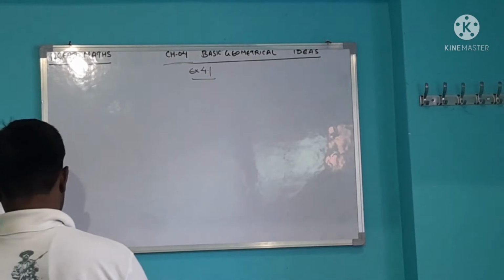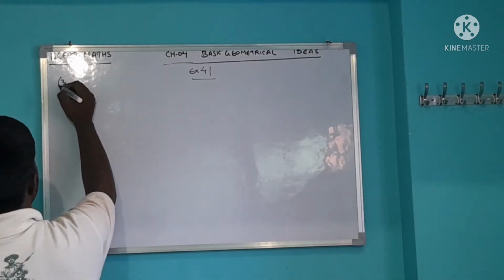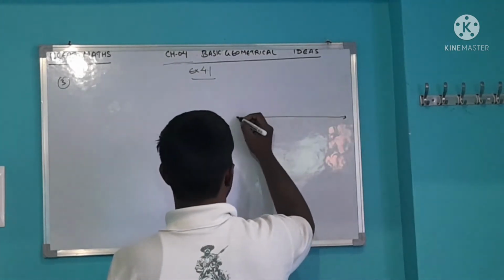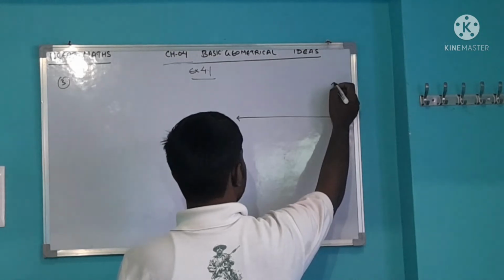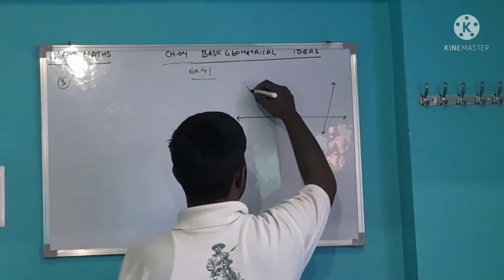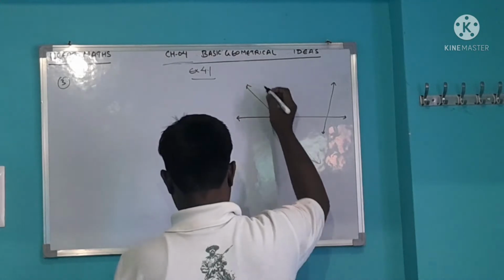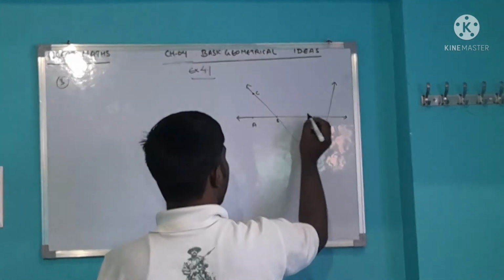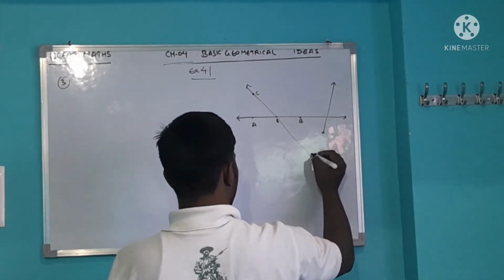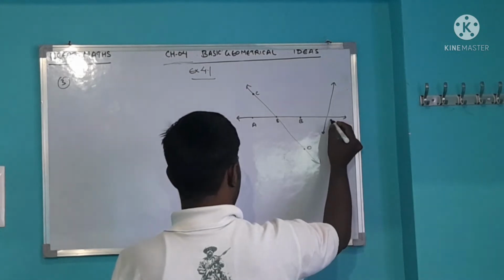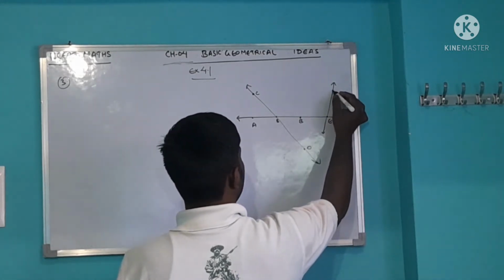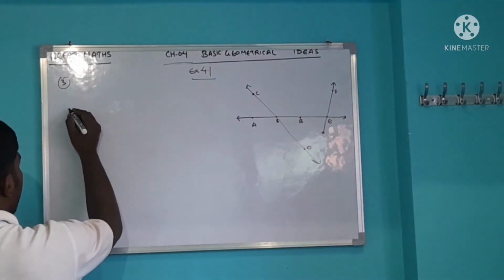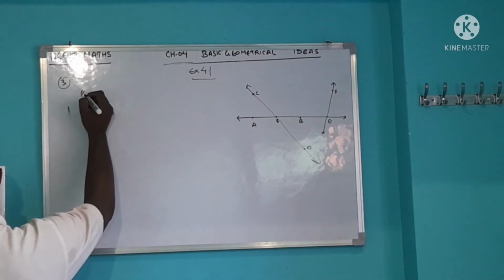Our third question is, again we get a figure. A figure like this. We have points B, C, A, D, O, E and F. These are the 7 points which are given in the figure, and in this we have 4 parts.